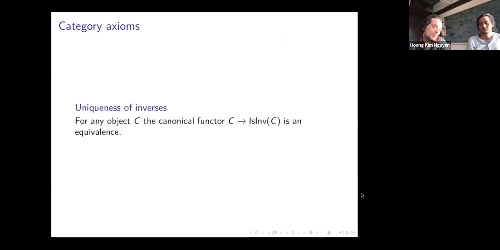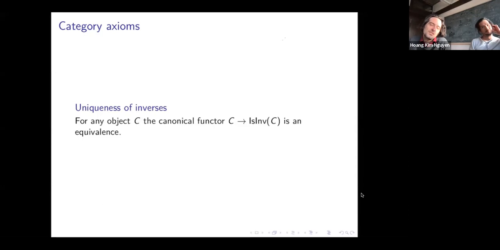Or I say literally, I mean, I think you want to apply it not only for C, but to any functor category or something like that. But yeah. So you're saying that any category is equivalent to the category of isomorphisms of it. I'm thinking of iso-invert C as the category of isomorphisms of C. Yes.